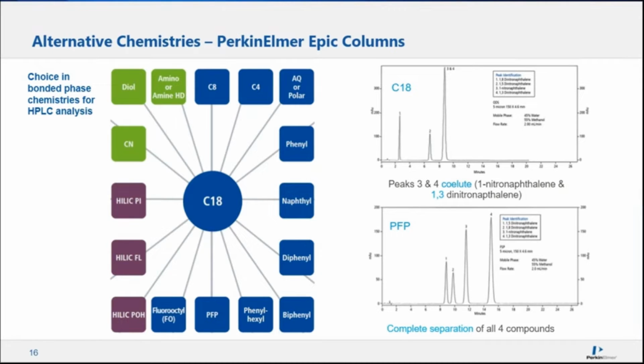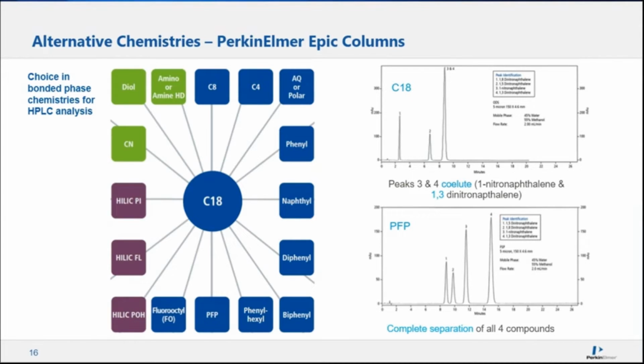These are nitro-aromatic compounds. The C18 fails to provide separation for 2 of the 4 compounds, so we only see 3 chromatographic peaks. However, if we utilize a PFP or pentafluorophenyl stationary phase, we could get baseline separation of all four of the nitroaromatic compounds.